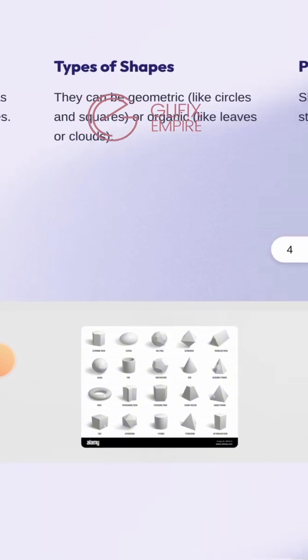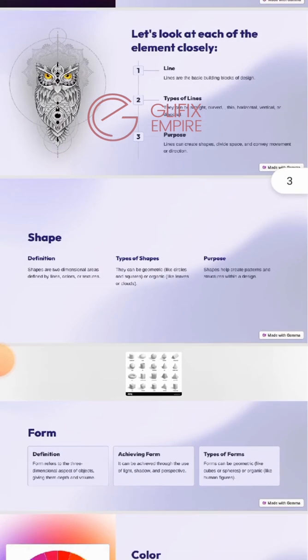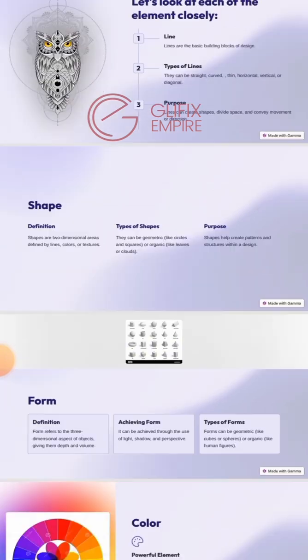Then we can see texture also. Types of shape can be geometric, like circular or square, or organic, like a leaf or cloud. Shape can help us to create pattern and structure within our design. We can use shape very well to add beauty and structure to our design.